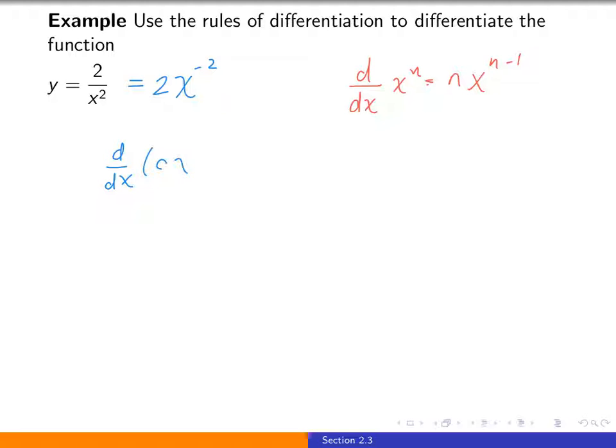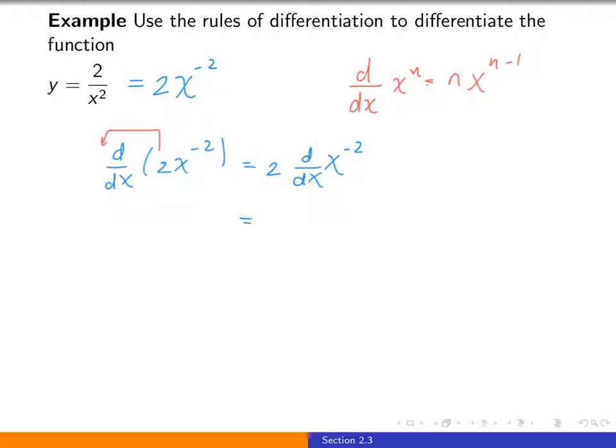So if we have a constant, which in this case is the number 2 times x to the minus 2, we can pull that constant in front of the derivative and write this as 2 times the derivative of x to the minus 2. And this notation, just to make sure we're all on the same page, when we see the d dx, that means differentiate this expression with respect to x.